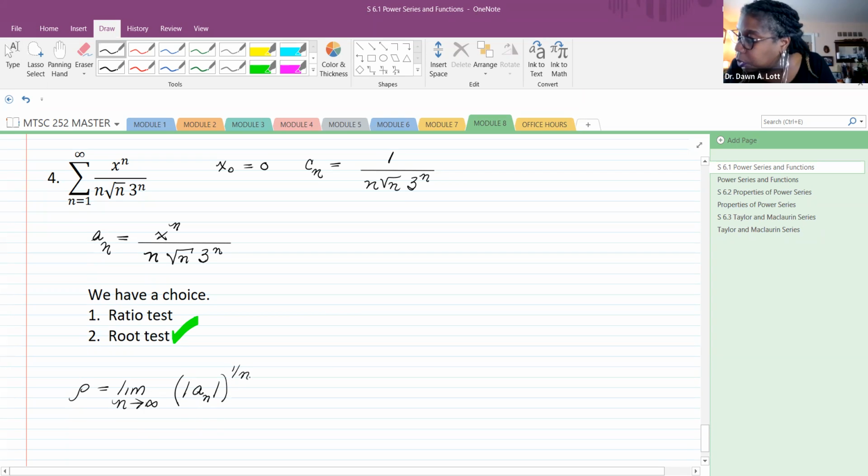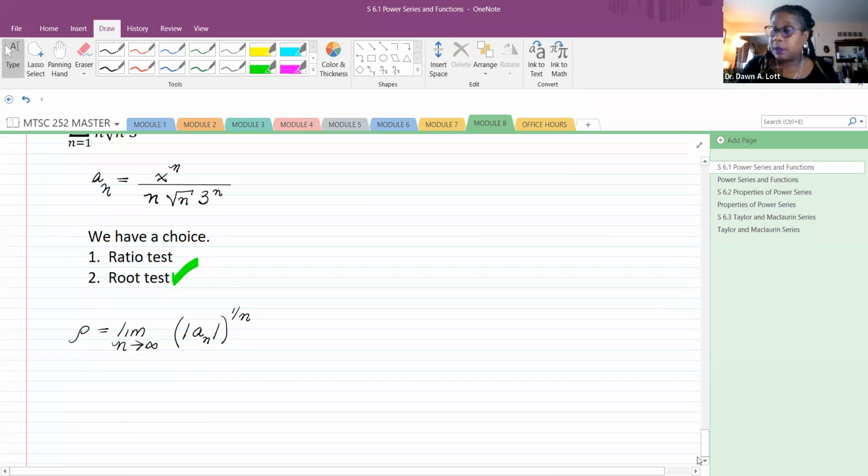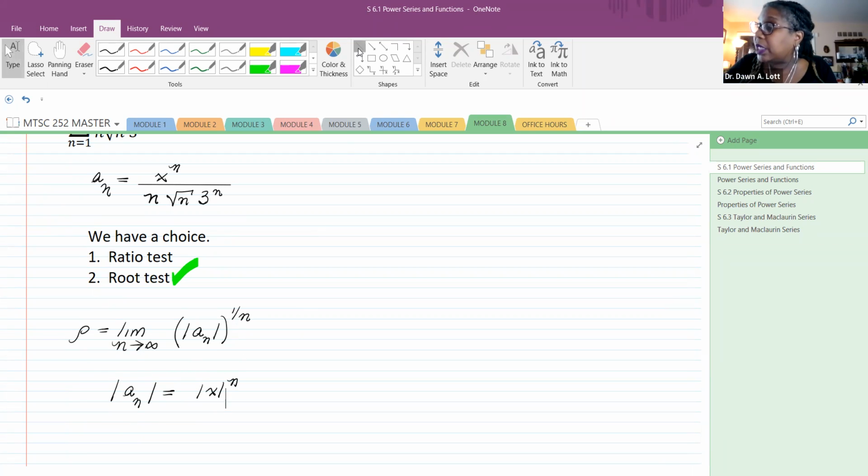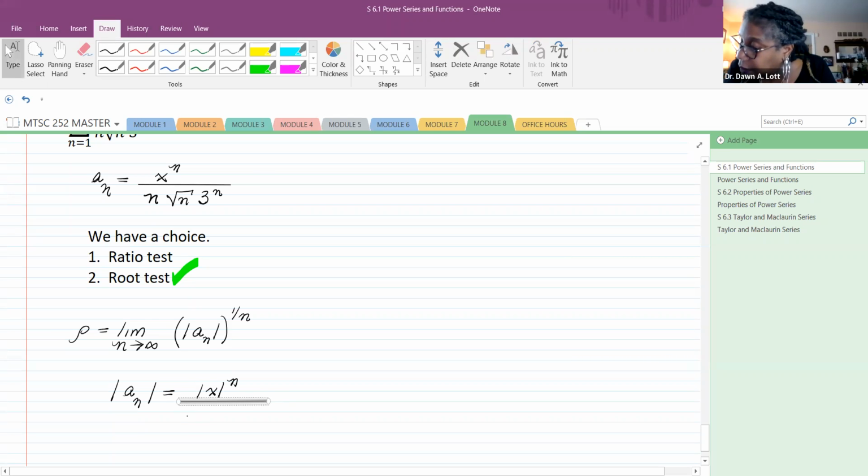All right, so for the root test, rho is the limit as n approaches infinity of the nth root of the absolute value of an, or we could write this as the absolute value of an to the 1 over n. I'm going to use that one because I like that one. Everything is positive except for the x, so we have absolute value of x to the n because x may not be positive. In the denominator, we have n times n to the 1/2, and then 3 to the n.